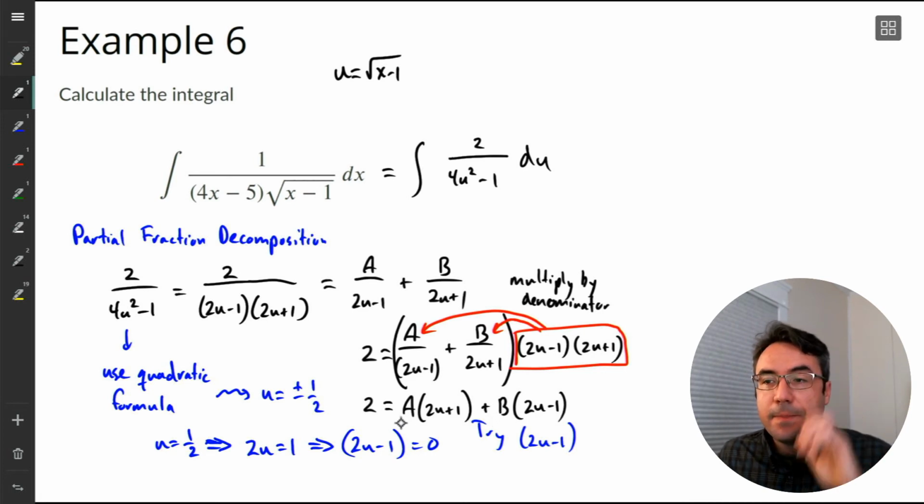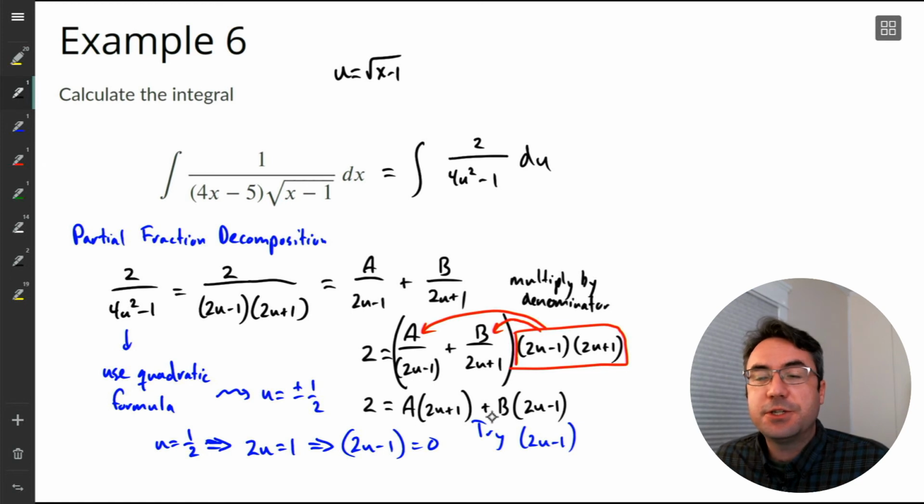And so now we want to solve this equation and figure out a and b. And we have some different ways to do that. We could compare coefficients. But we have different distinct linear terms here. So plugging in different u values might be helpful.